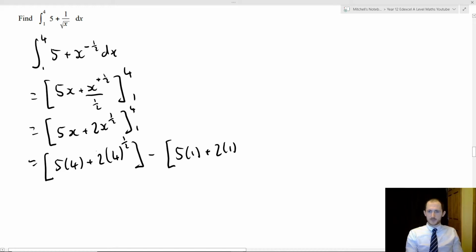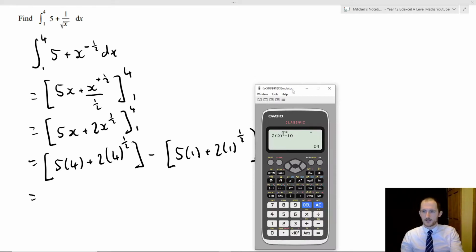So I know these questions can be tedious, but they tend to only come up like once in the paper, so you don't ever have to write out this huge amount of stuff over and over again. And perfect, let's go. So 5 times 4, so in the first bracket we have 20 plus 4. I could have just done that in my head, but yeah.